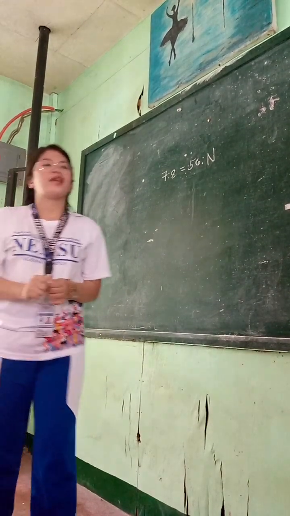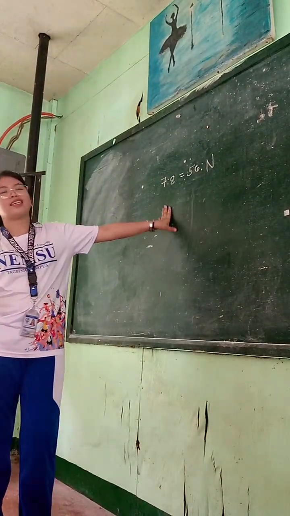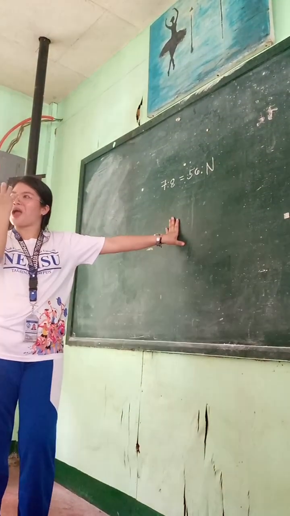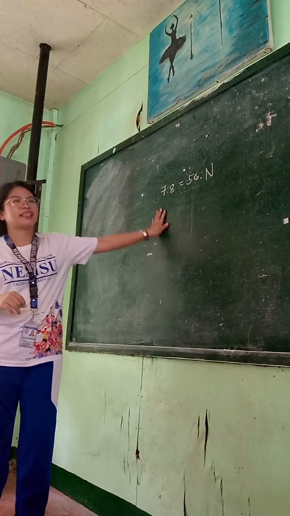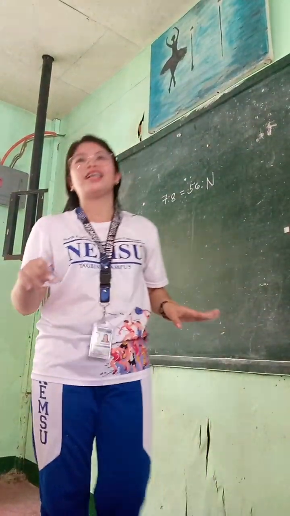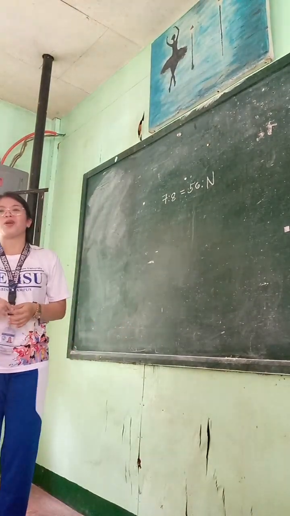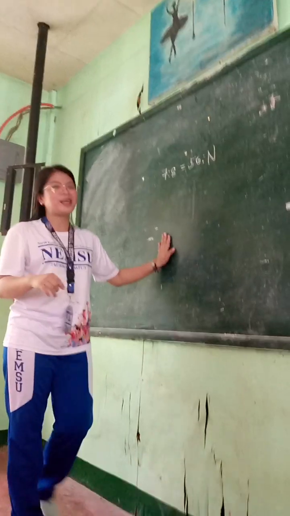Who can answer it on the board? Anyone from the class? How are you going to find the missing term in a direct proportion? Look first at the extremes and the means. Noraline, can you please answer it on the board?